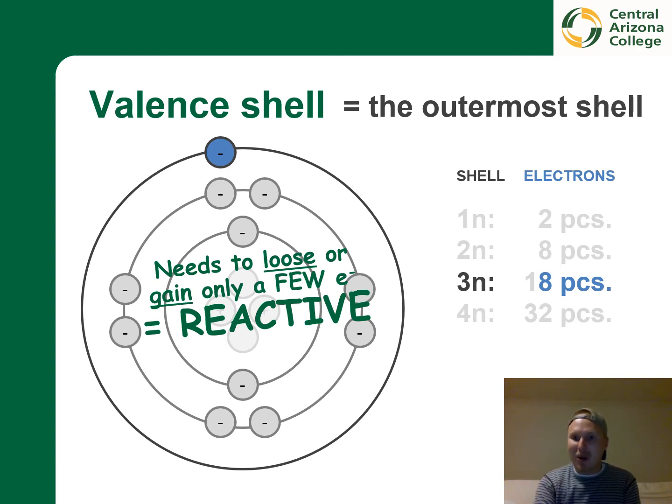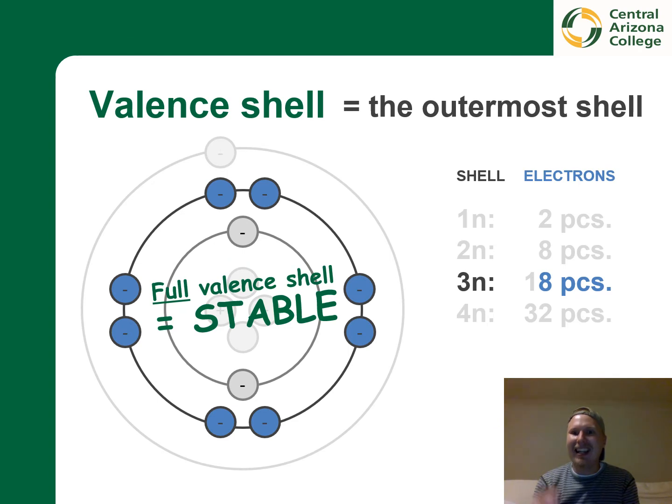If that is removed, it now has its second shell as its valence shell. And this shell is full with 8 electrons. Now this atom has become very stable. I hope that this makes sense.